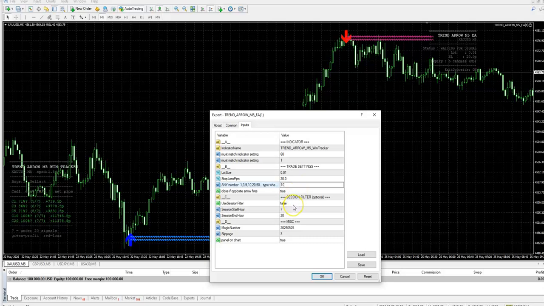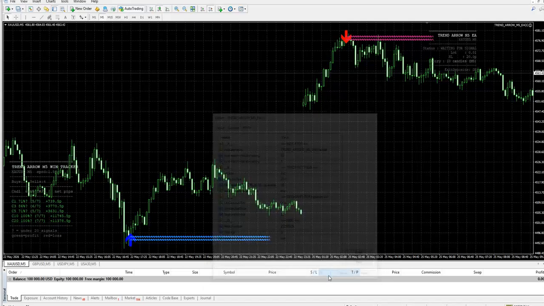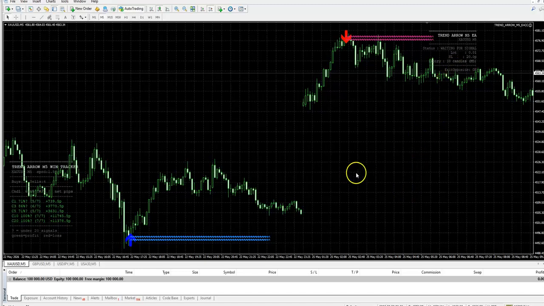And you have other things like session filters, lot size, and the function close if opposite arrow fires. So this is very important. You see now it is 10 candles.